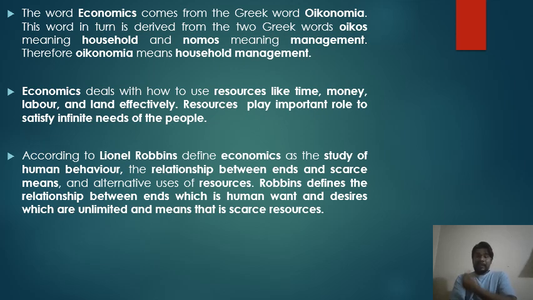So the relationship between ends and scarce means, and the alternative use of resources. Robbins defines the relationship between ends, which are human wants and desires that are unlimited, and means, that is scarce resources.